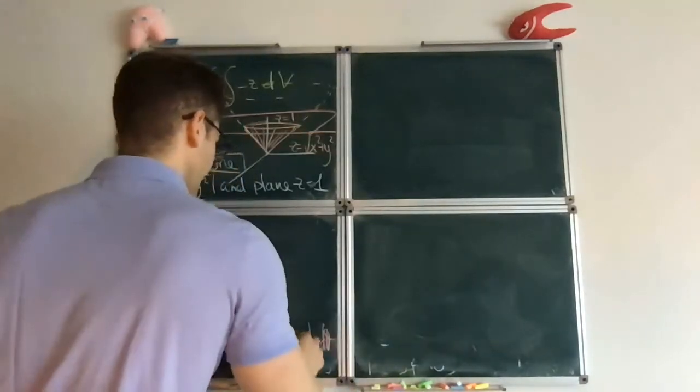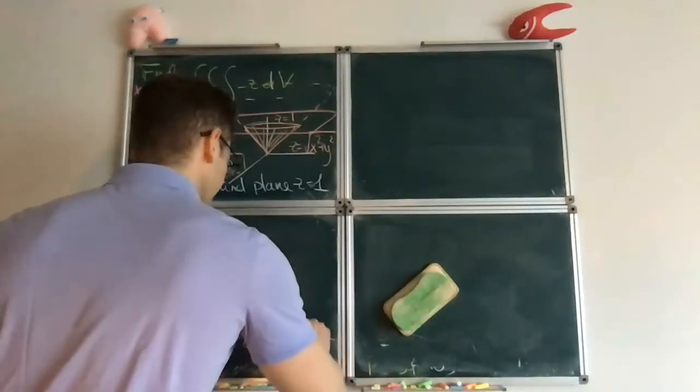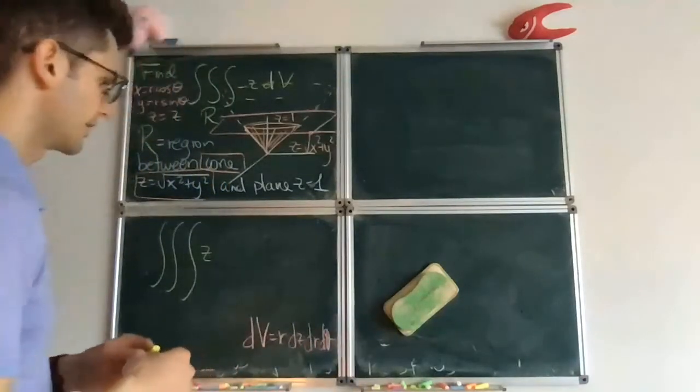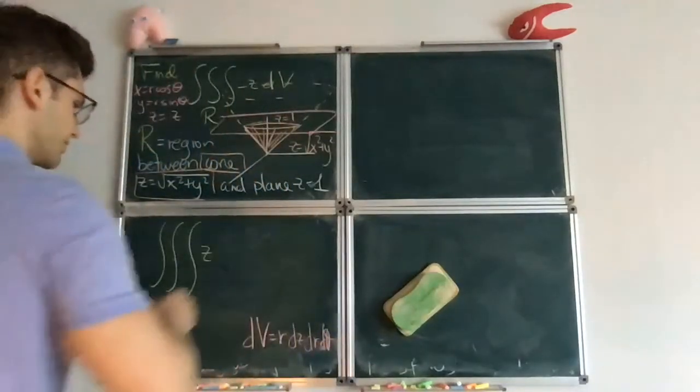But then you have to multiply this by the dz factor, so you get r dz dr d theta. Okay, so let me just replace that here.